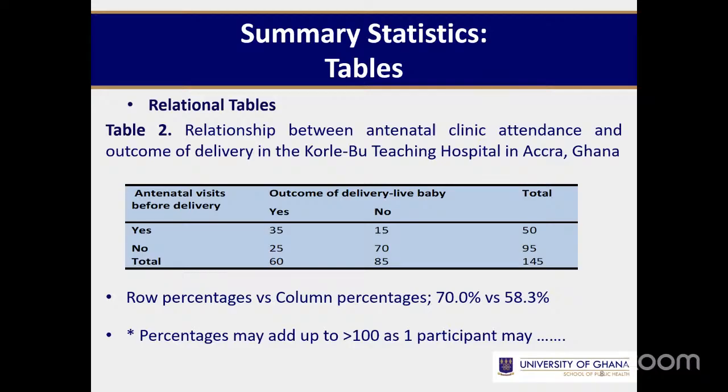You have 35 study participants. Those who attended ANC but didn't get a live delivery, we have 15 of them. Those who didn't attend ANC but had a live delivery, we have 25. And those who also didn't attend ANC and did not get a live delivery, we have 70.